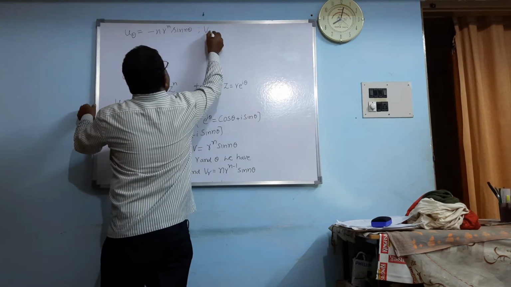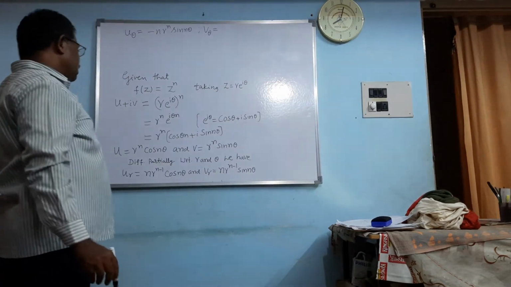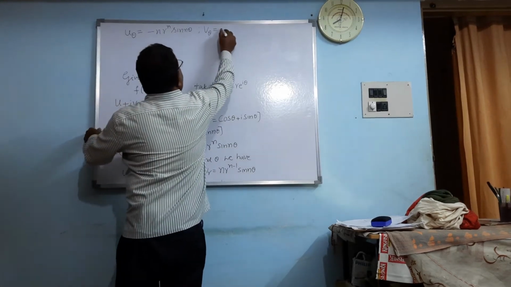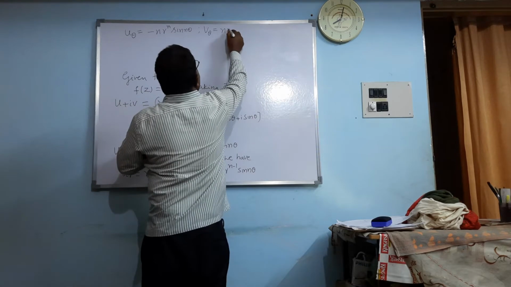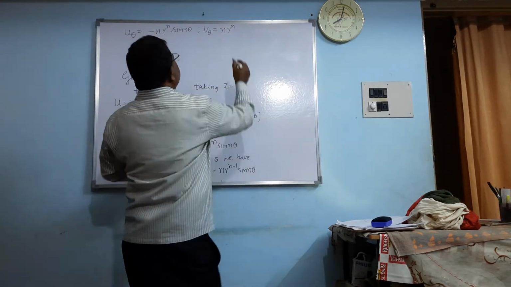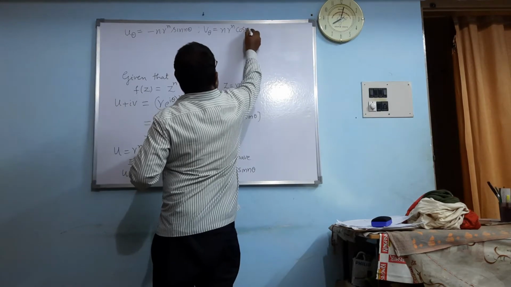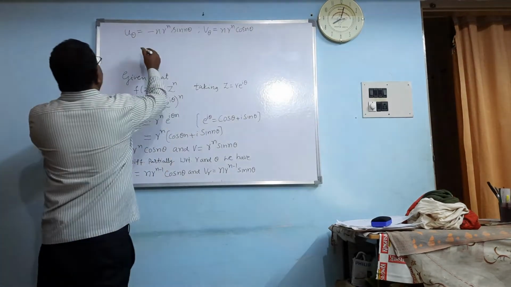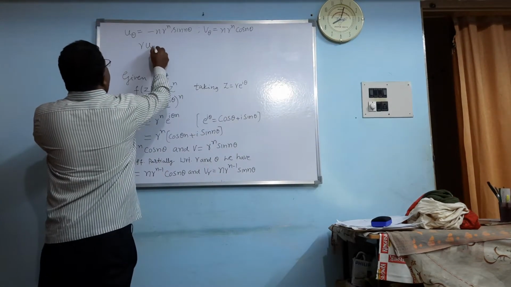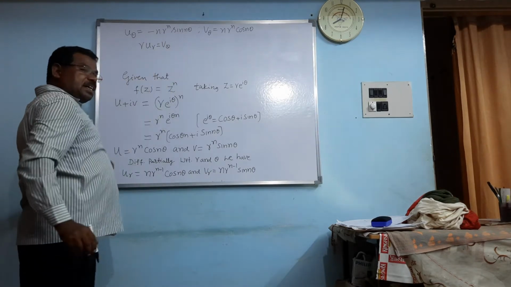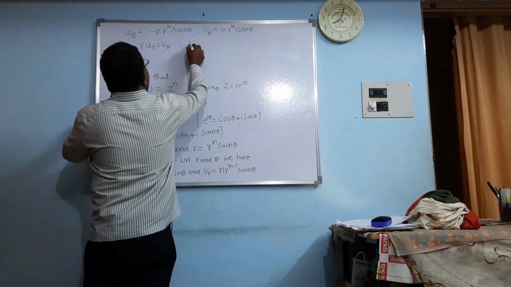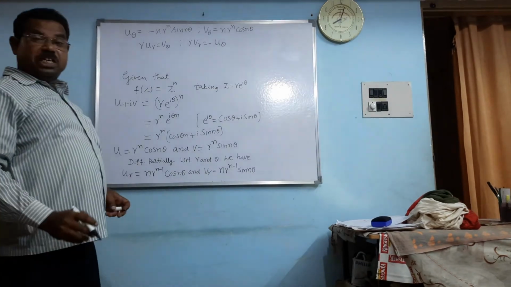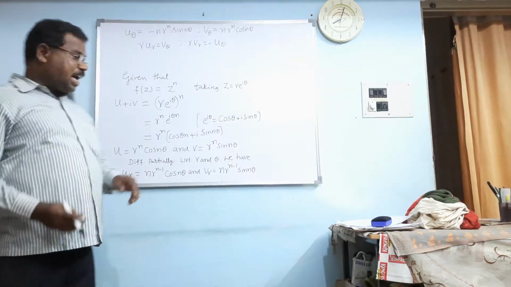v theta, differentiating partially with respect to theta: n r to the power of n, and the derivative of sin n theta is cos n theta. Next, using the Cauchy-Riemann equations in polar form, r u r equals v theta and r v r equals minus u theta. Observe whether f of z is analytic or not.